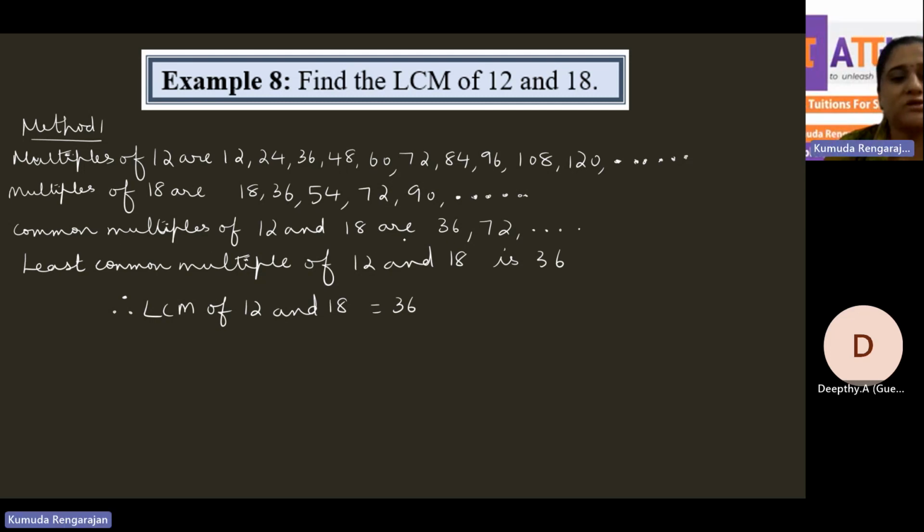So common multiples of 12 and 18 are 36, 72, and it goes on like that. The two numbers will have many more multiples in common. Now, the least common multiple is 36 because the smallest common multiple is 36. So therefore, the LCM of 12 and 18 is 36. All right.